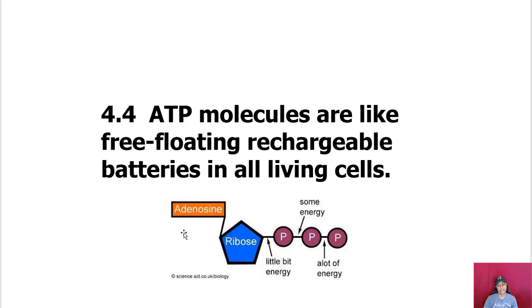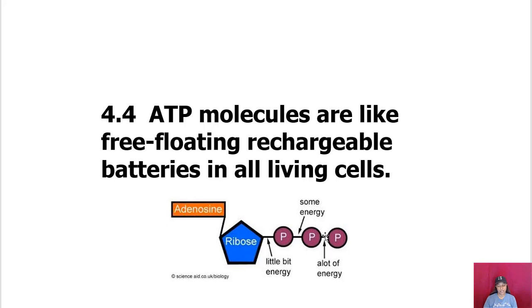So here, this is what ATP looks like in this illustration. We've got adenosine here. We've got ribose, which is a sugar here. And then we've got our 3 phosphates, ATP, adenosine triphosphate. And the really cool thing is, every time I break one of these phosphate bonds, just like that glow stick, break a bond, I get energy.